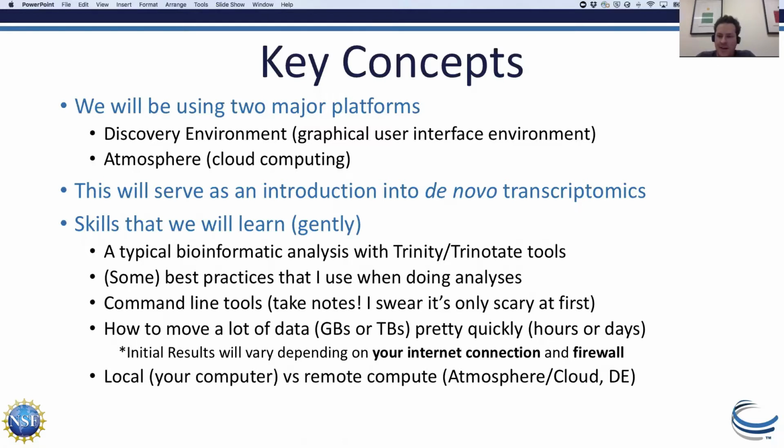I teach what I wish I had learned rather than the process that I learned. I did a lot of failing in the early years of doing bioinformatics and learning the hard way. And so I will try to skip that bit and get you to the things that I find very important and useful, and just things like organization that'll help keep your day-to-day easier when you're going through, because it can be a very complex process.